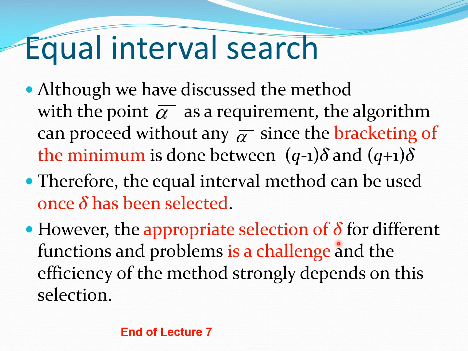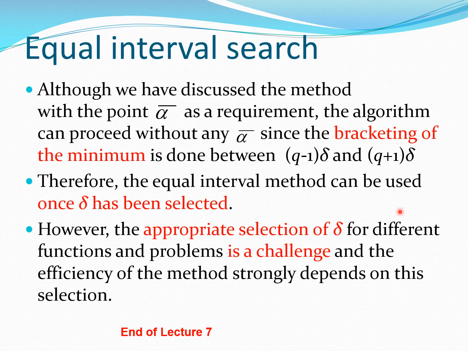So there may be functions where x has values ranging from 0 to 1 million, and there may be functions where x ranges from 0 to 10 to the power minus 6. So again, the level of discretization which you choose in these particular functions is going to be different, and therefore it is important to choose this delta depending on the value of the function. So again, this is something to keep in mind.